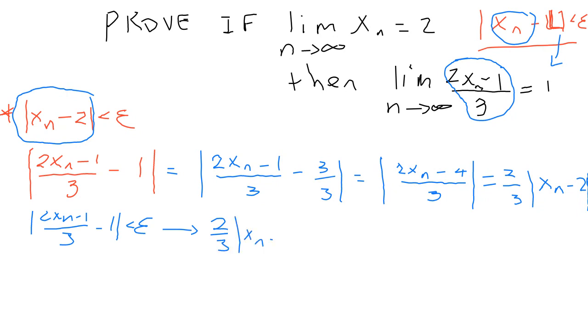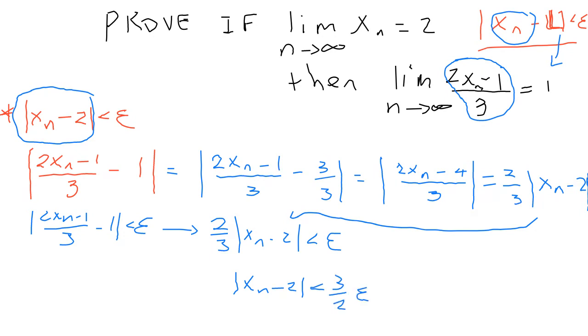Minus 2, this came from right here, less than epsilon as well. So all you have to do now is multiply both sides by 3 over 2. So we get x sub n minus 2 must always be less than 3 over 2 epsilon, whatever epsilon you choose. So you see that 3 over 2 epsilon, that's going to be the m that we use.